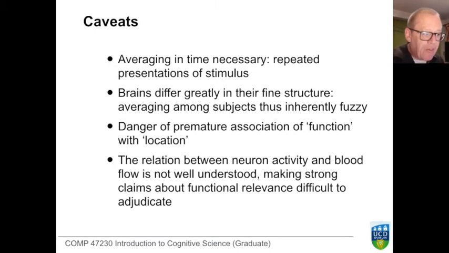And a final caveat that needs to be remembered is that we are measuring blood flow, and the relationship between the activity of neurons and blood flow is not well understood. There's an awful lot of work still to be done here. So when strong claims are made about the functional relevance of an increase in regional blood flow, it's difficult to know what that means in terms of interpreting the nervous system. Interpreting the nervous system is and remains hard.